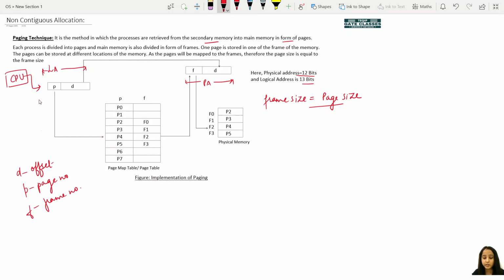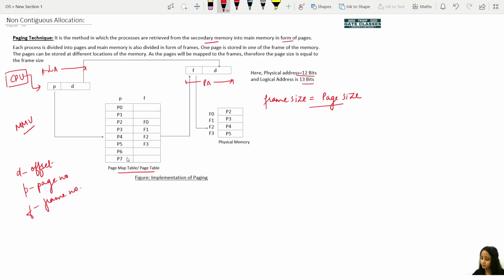The mapping from virtual to physical address is done by the memory management unit, and that is called paging. This is called the page map table, which contains the page number and the corresponding frame number. So that is your page table, or page map table.